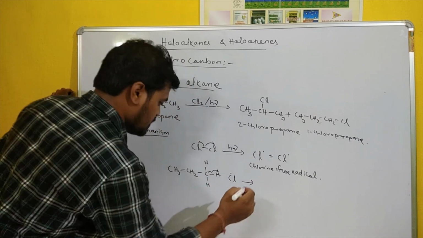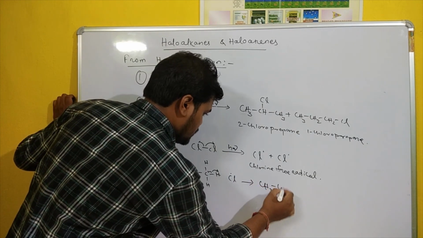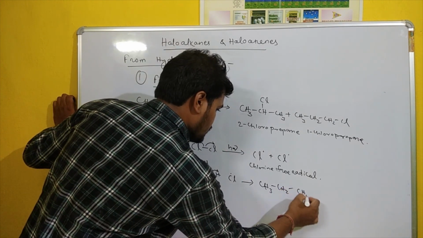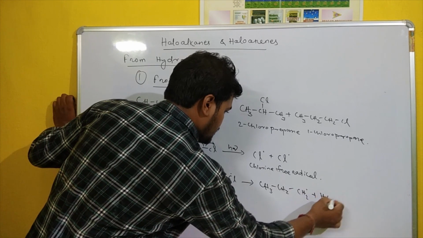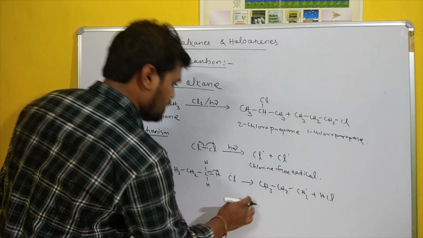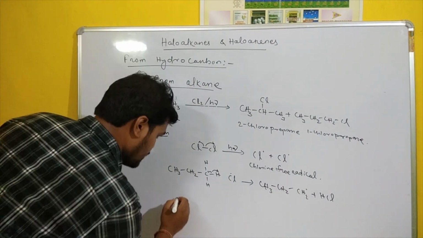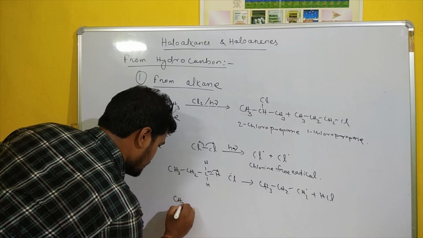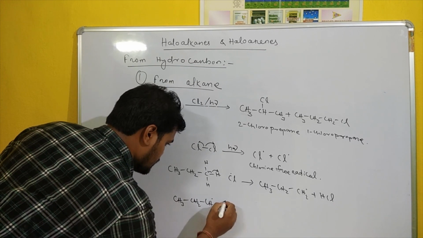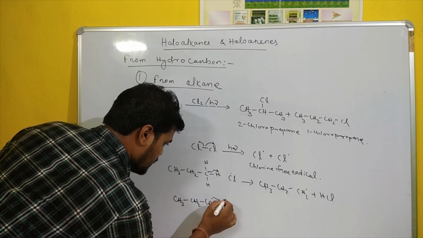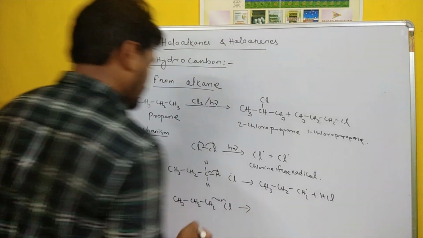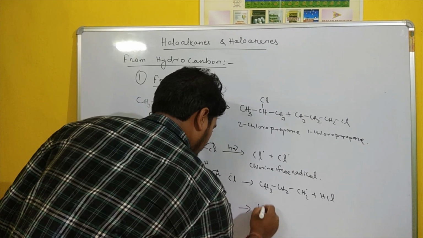So the product is CH3CH2CH2 dot plus HCl. This is the propyl free radical, and this propyl free radical attaches to a chlorine and makes a bond to form 1-chloropropane.